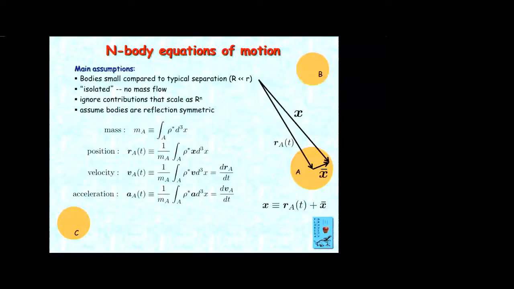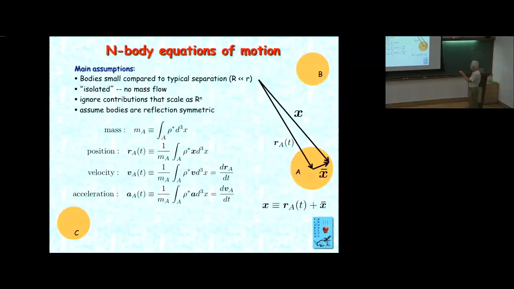And just as before, this would be the center of our coordinate system. We look at any point inside each body. We expand that in terms of the distance to the center of mass of each body, plus a small vector within the body, and then we have to integrate the hydrodynamic equations over each body.